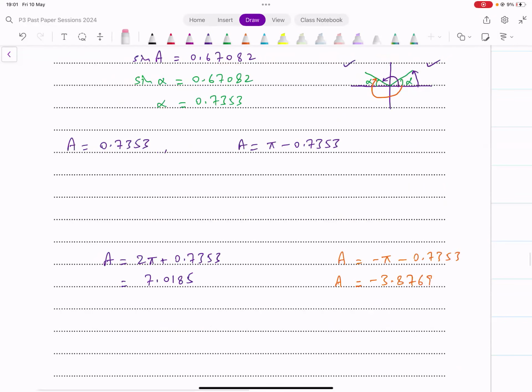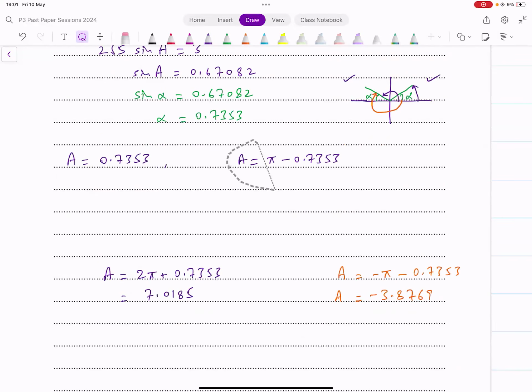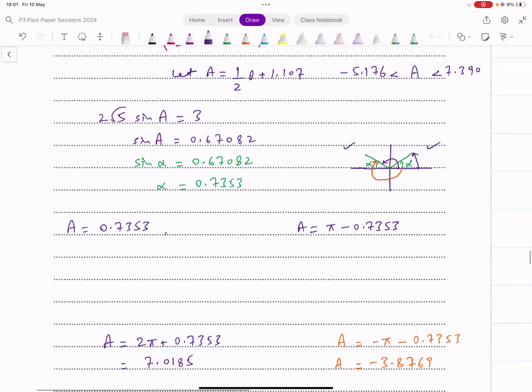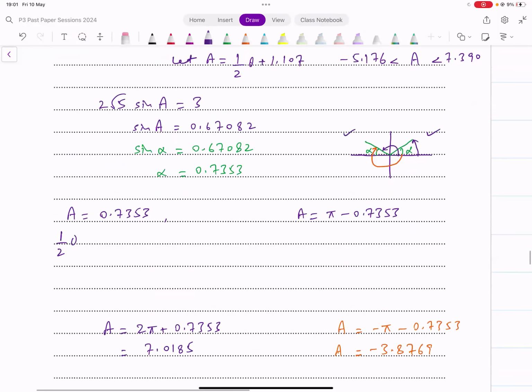Now we find the corresponding values for theta for them. Let's put that substitution back. What was A equal to? A was half theta plus 1.107.